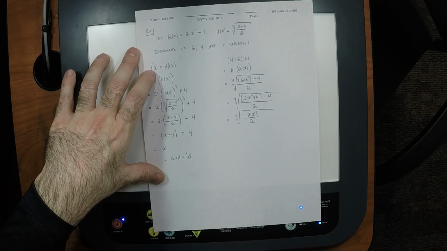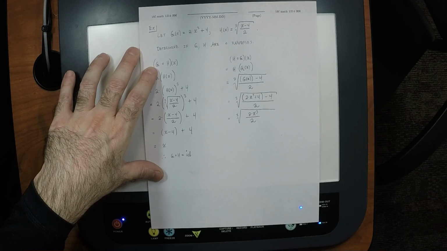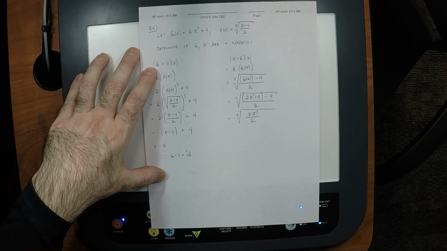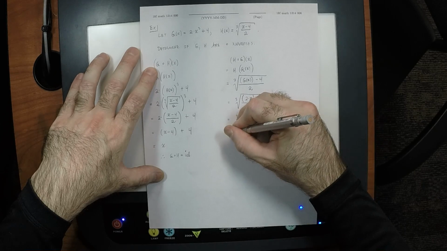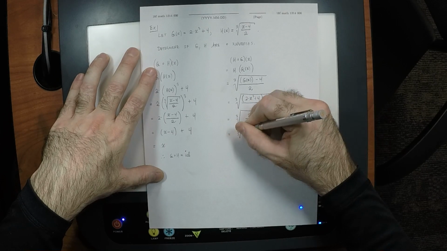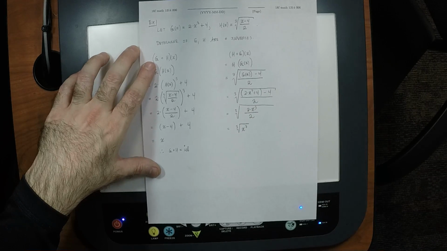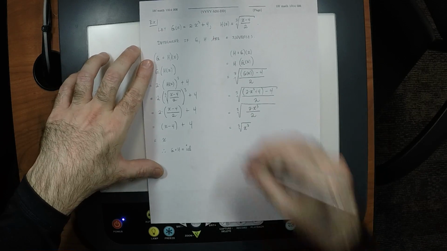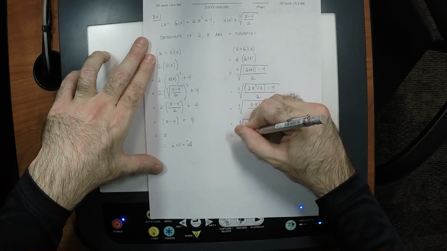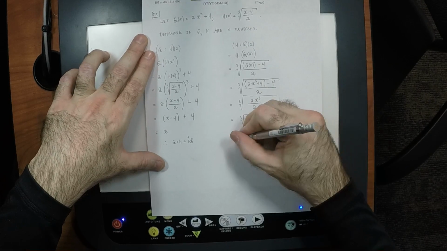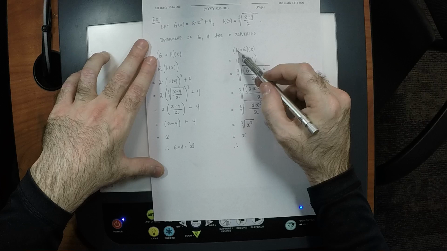Anything else will cancel? Oh, the 2's will cancel, right? Amazing. Will anything else cancel? Oh, the cube and the cube root cancel? Amazing. So as a result of that, what does that tell us about H composed with G?